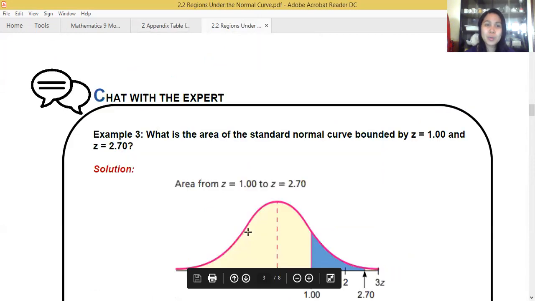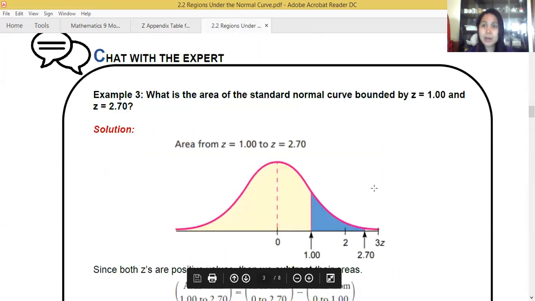Ready? What's the area bounded from z equals 1 and z equals 2.70? Now here, it's from positive to positive. Rule number 1 states, same signs, we subtract the areas.